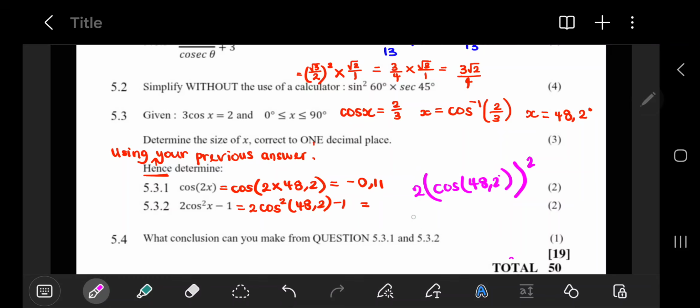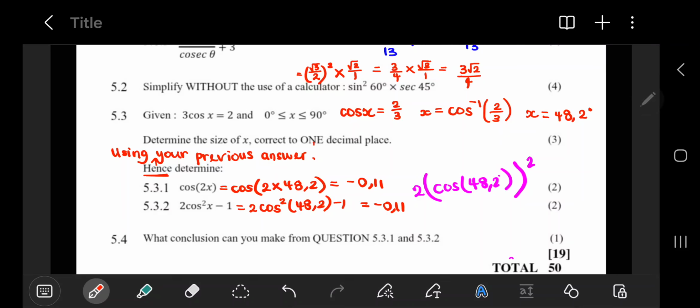So when you put it on your calculator, press 2, open up a bracket, then press cos. Fill in your angle, close the bracket for the angle, close the bracket for the cos, so for the whole thing, and then square it. Okay, so that's how you put it on your calculator when there is a square on your trig ratio. And then you say minus 1. And what we notice is that this also gives us negative 0.11. So both those answers ended up being the same.